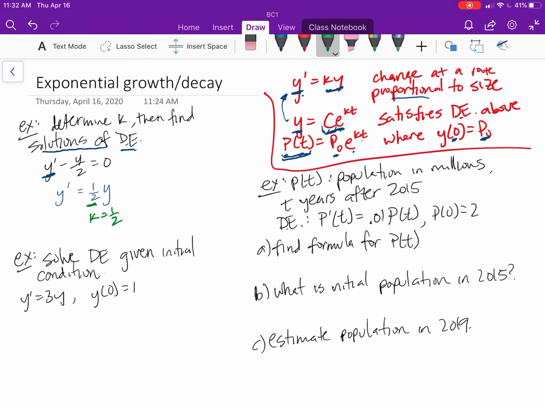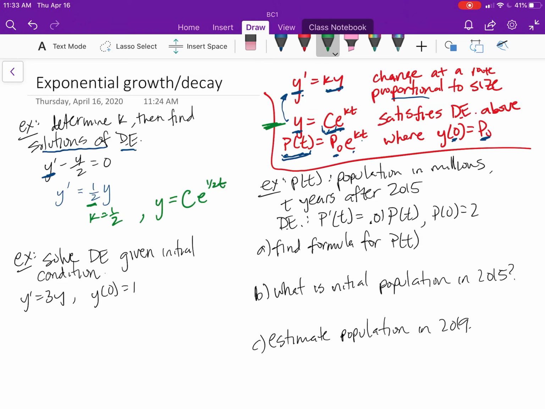And then it says to find all the solutions. That is referring to this second line here. If k is 1/2, then all the solutions would be in this form. y equals c, we don't know, e, and then I'm going to plug in k, 1/2 t.